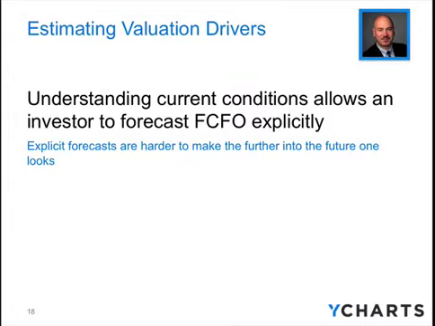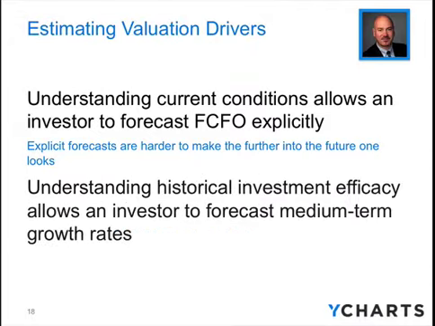And so, as we go out in the future, we're going to use kind of a simplifying dodge, a trick to simplify our analysis. We're going to think about the historical investment efficacy of the firm to forecast the medium-term growth rates. We'll show you in an example exactly how this is done.